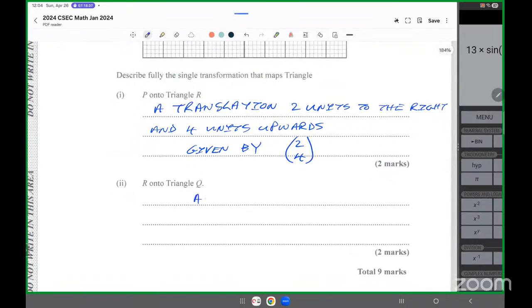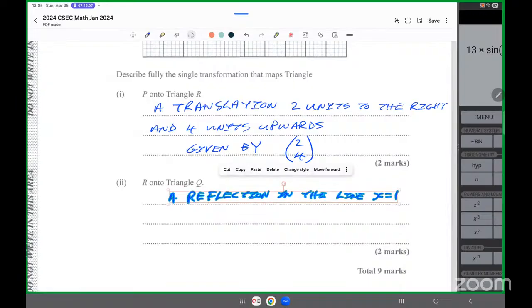So this one is a reflection in the line x equals 1. Done. That's what it is. A reflection in the line x equals 1. Simple as that. Nice and easy, guys. Nice and easy. Let's go. Next question.